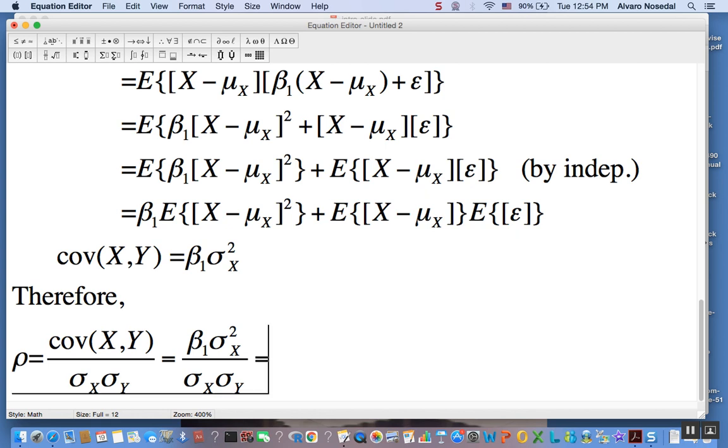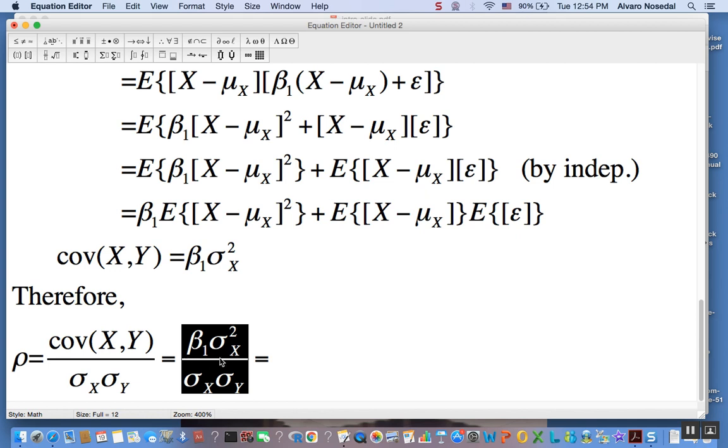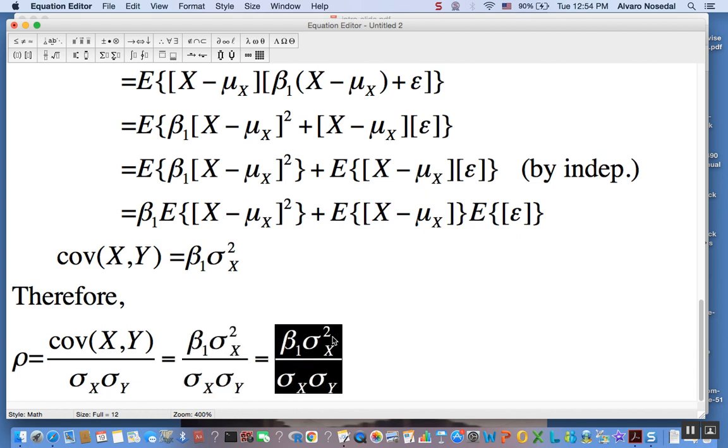This is the same as sigma sub x times sigma sub x. So what we're going to end up with is just beta 1 sigma sub x, no square. Cancel that one out, and that's what we end up with.